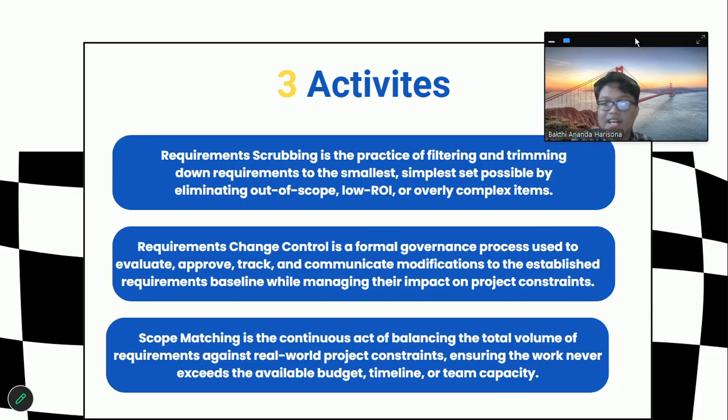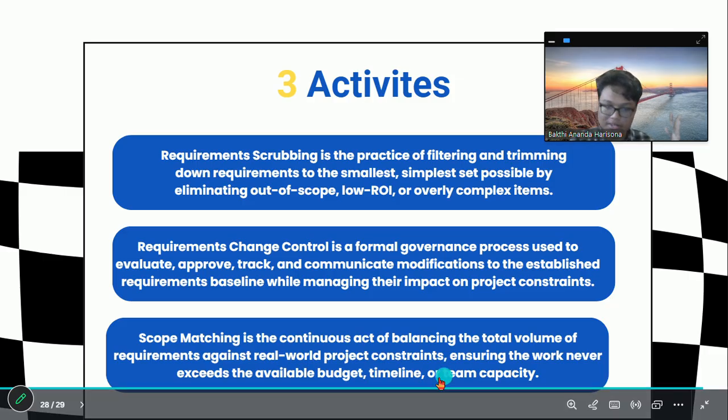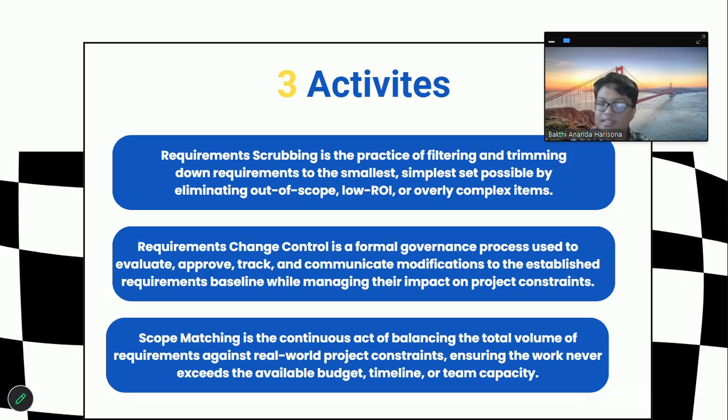The third and last activity we need to understand is scope matching. Scope matching is the continuous act of balancing the total volume of requirements against real world project constraints, ensuring the work never exceeds the available budget, timeline, or team capacity.